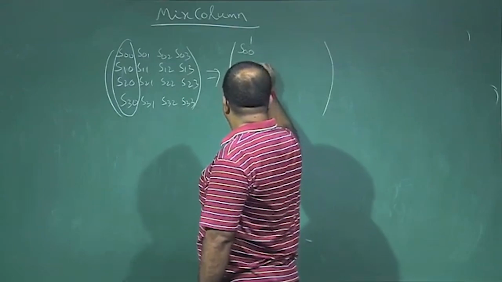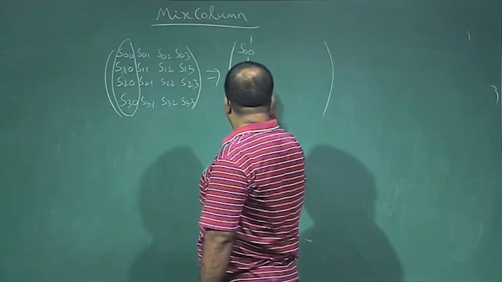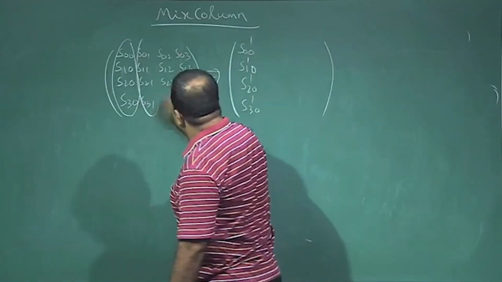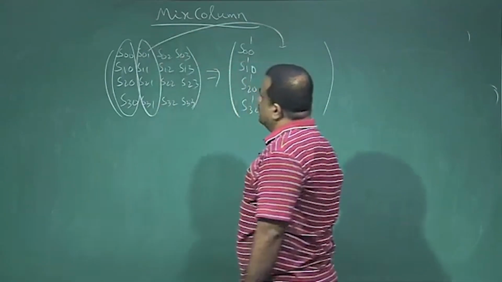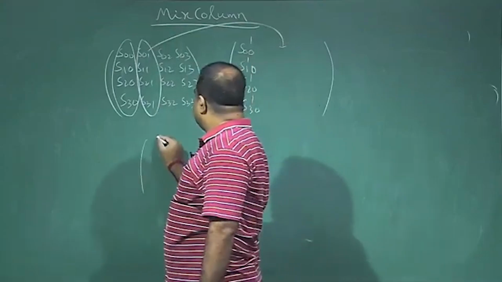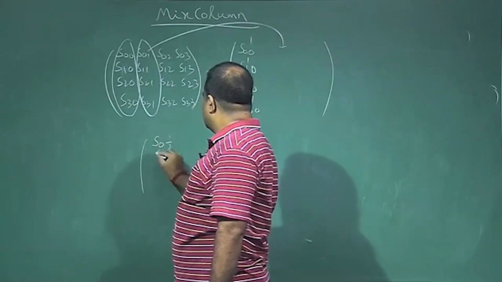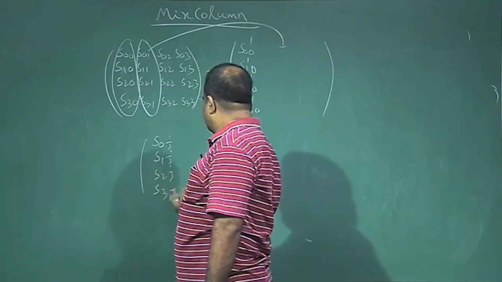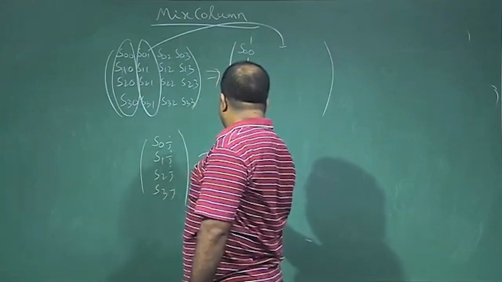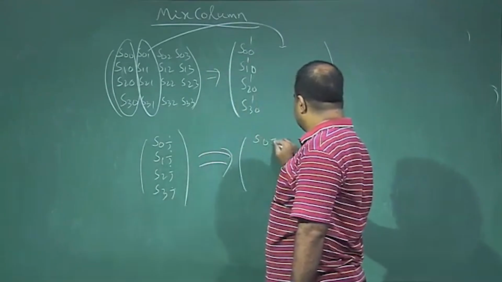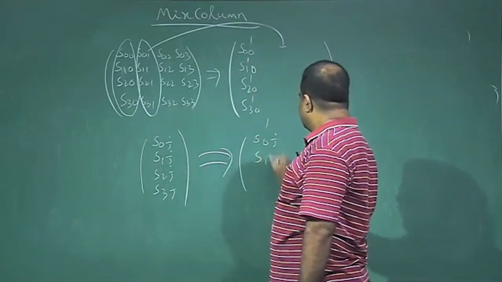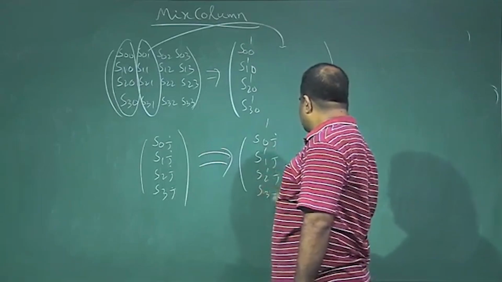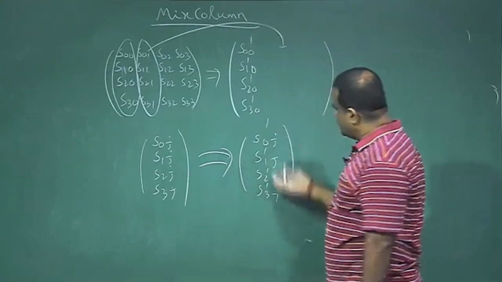So, if it is the jth column, S0j, S1j, S2j, S3j, this is going to become S0j prime, S1j prime, S2j prime, S3j prime. So, what are these elements?